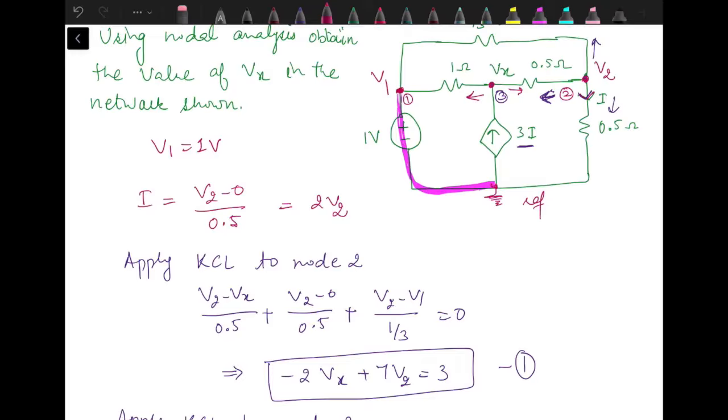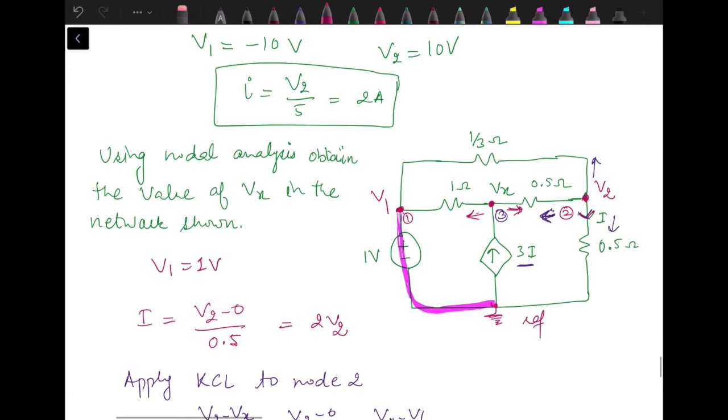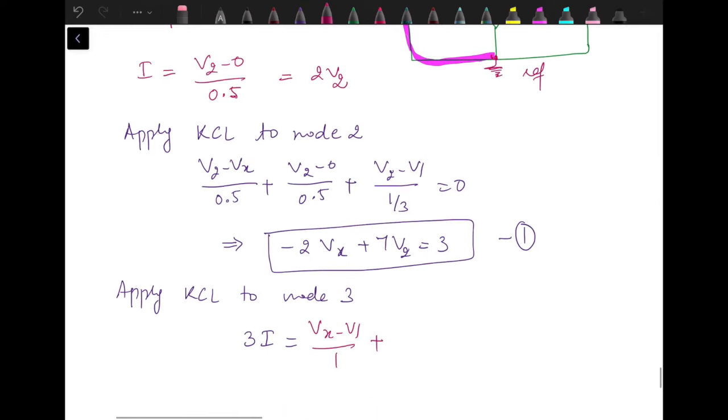Now I have again marked these currents as outgoing since we don't know their direction. So current through 1 ohm resistance is Vx minus V1 by 1. Then current through this 0.5 ohm resistance is Vx minus V2 by 0.5.